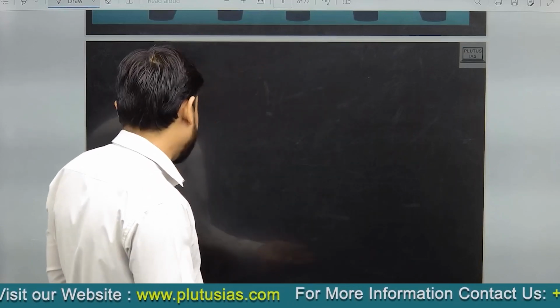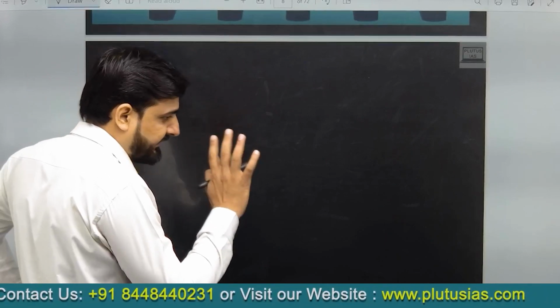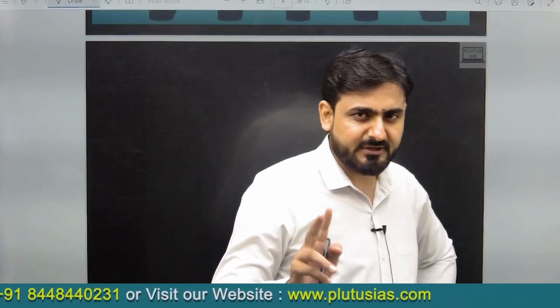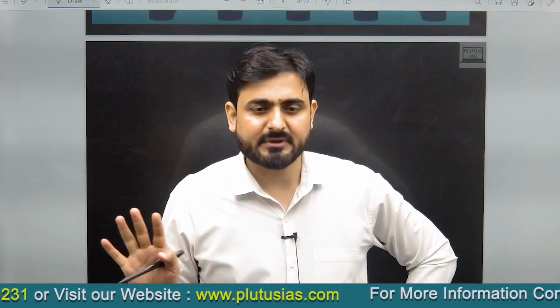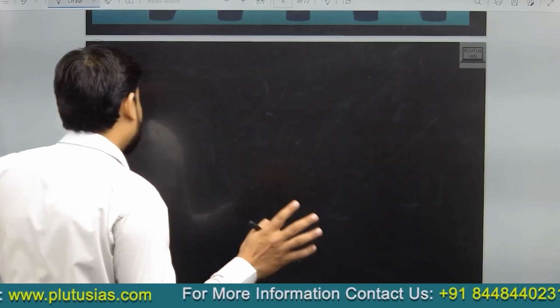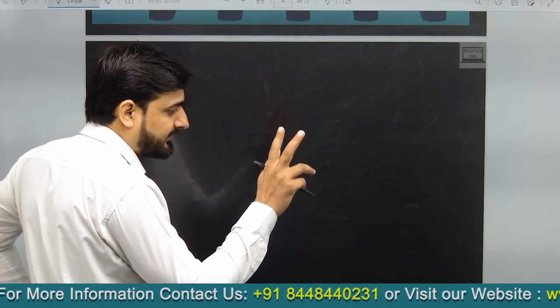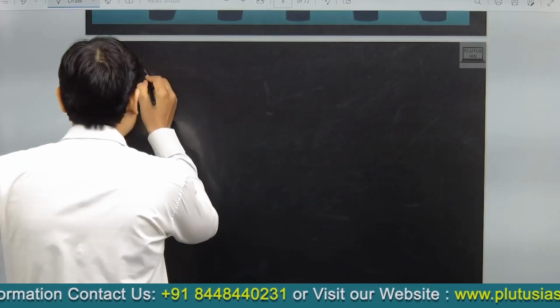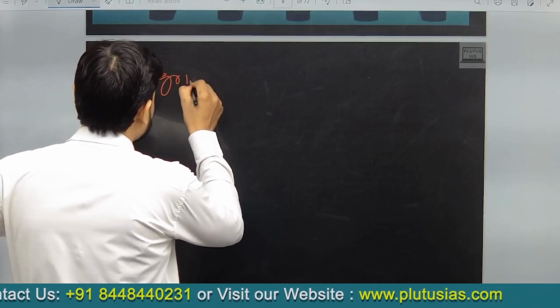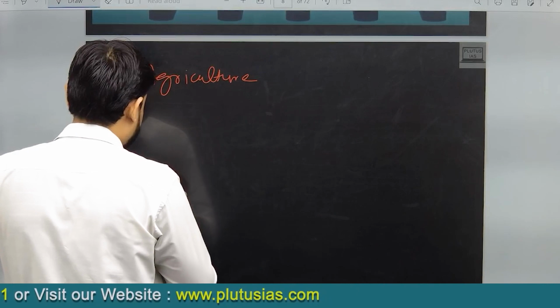Now consider here, for easy calculation I am again considering two sectors of the economy. Generally we have three sectors: agriculture, manufacturing, service sector. To keep it easy I am taking only two sectors, for 2 years. Suppose one sector is agriculture, another is manufacturing sector.